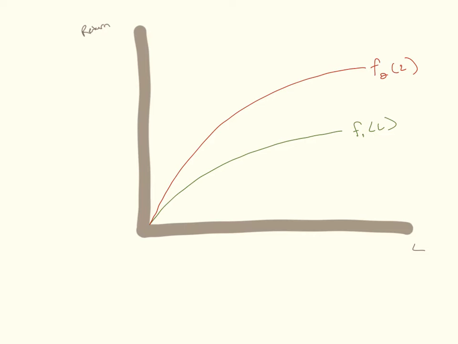So if the cost of borrowing is 1 plus R, let's say that's 1 plus R, that leads to some optimal amount of investment for investment 1, and facing that same opportunity cost leads to some amount of investment L2 for the second investment.